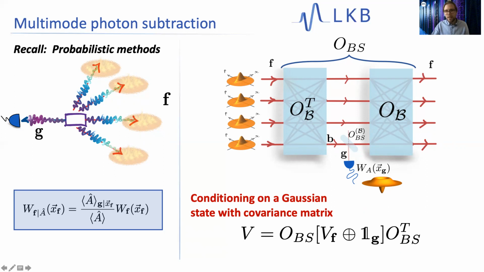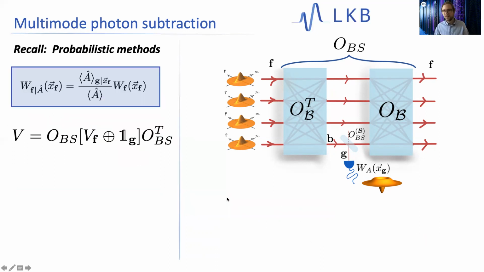Then I apply this OBS, which basically contains all of the linear optics and all the interferometers that I did here. It's this basis change, this beam splitter, and this additional reverse basis change. When I do this whole thing, I have the covariance matrix that I need to apply this whole framework. Okay, so let's put that aside.